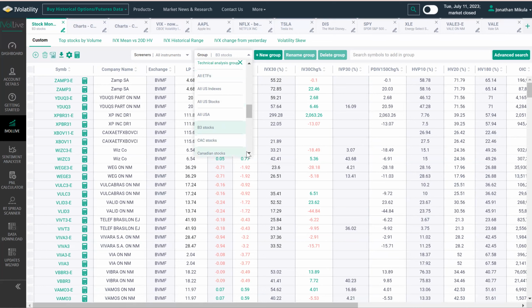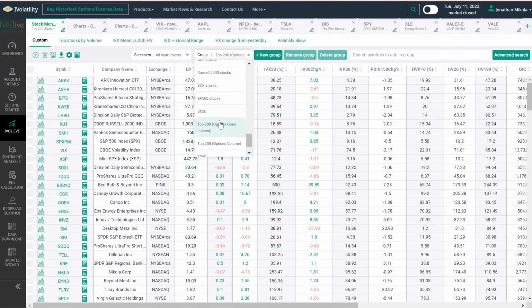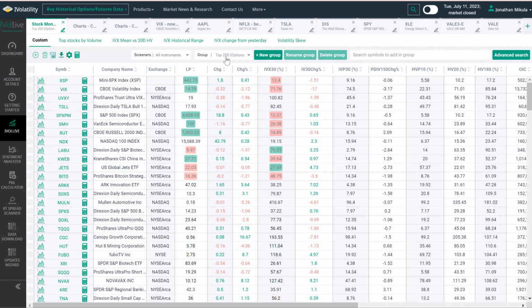We have Brazil, we have Canada, we have Germany, the DAX, we have the Dow, we have European stocks, we have NASDAQ, we have India, over in Asia, we have the Russell 2000, we have TX60. And then we also have these little defaults, top 200 names by options volume, top 200 names by open interest, so depending on what indicators you'd like to look at, we have these default groups.